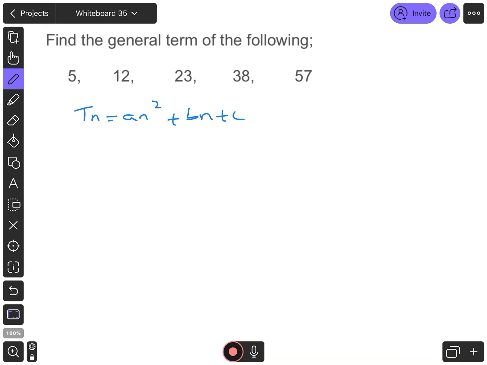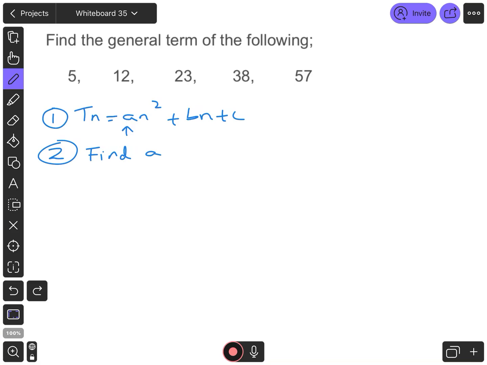That's my first step. My second step is to find the a value. Be careful, the a value is not the first term in this case, not like when we picked out the a value for a geometric and an arithmetic pattern. Here, a is just the first part of this general pattern.